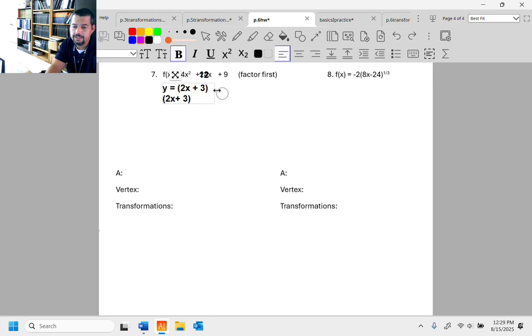To create a 9, at least on this one, it takes a 3 and a 3. So it factors as 2x plus 3 times 2x plus 3. Now, if something is written twice, it turns out that it has been squared. So it's 2x plus 3, quantity squared.